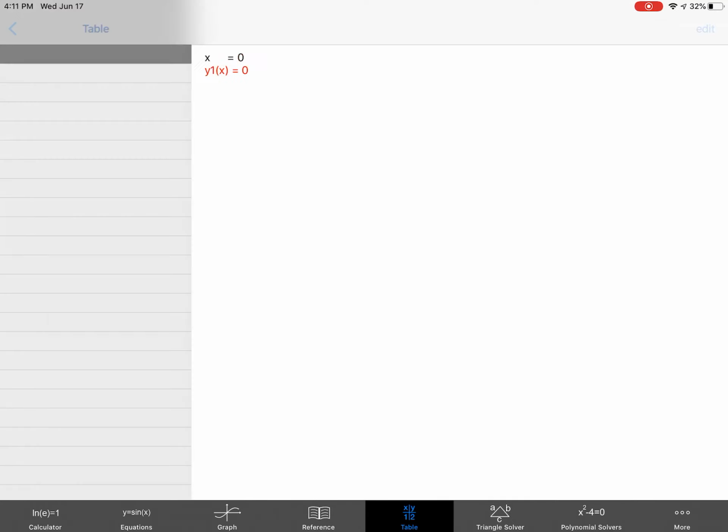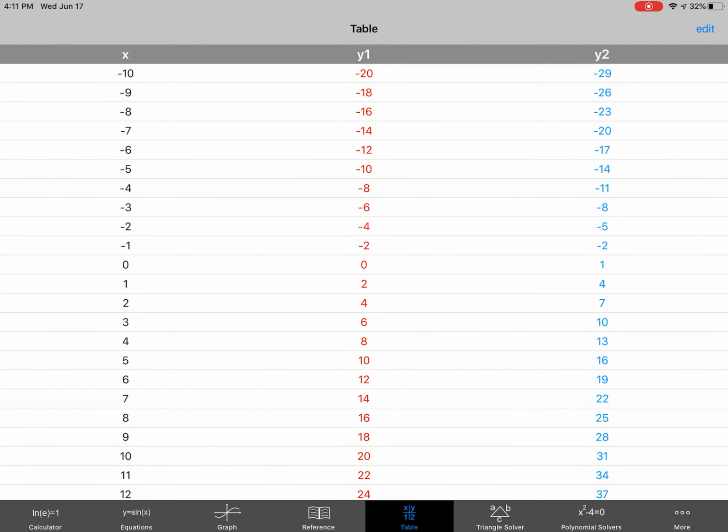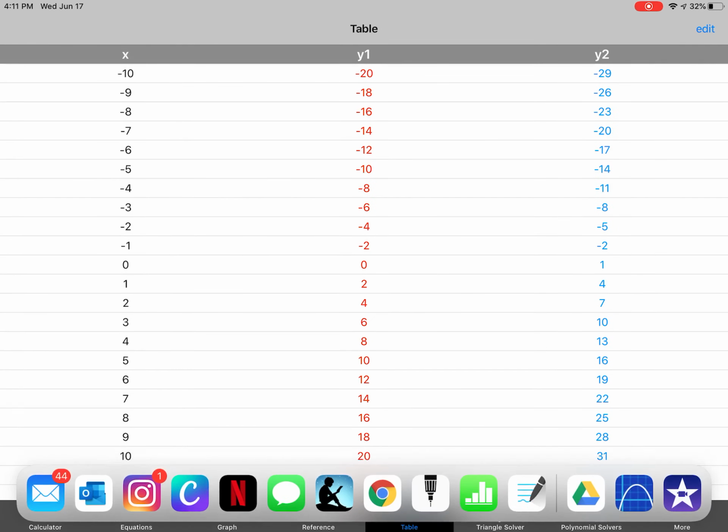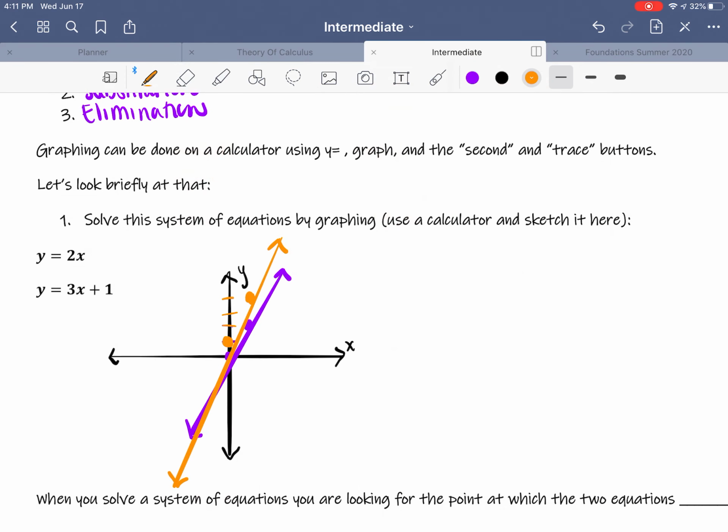I could look at the table to confirm that. You can see at -1, the y values are the same. And if you look at the other y values, none of them overlap like these do. So this is the only place where the linear equations are the same.